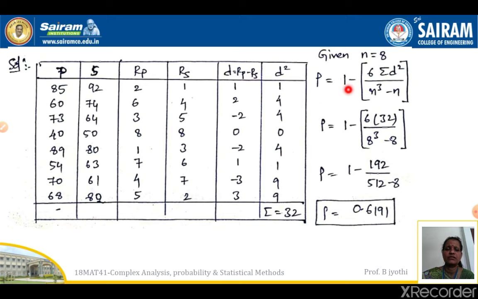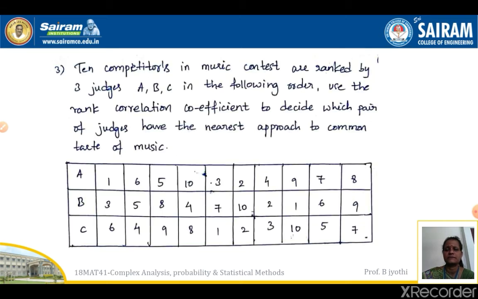Therefore rho is given by 1 minus 6 sigma D square divided by n cube minus n, or it is 1 minus 6 into 32 divided by 8 cube minus 8. That is 1 minus 192 divided by 512 minus 8. That gives us 0.6191. That is the rank correlation between the PUC marks and the SSLC marks.